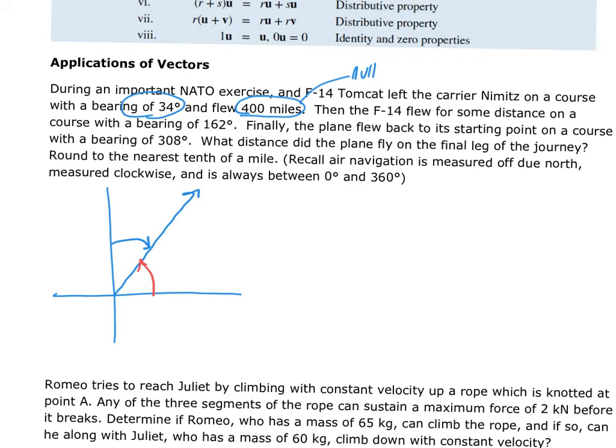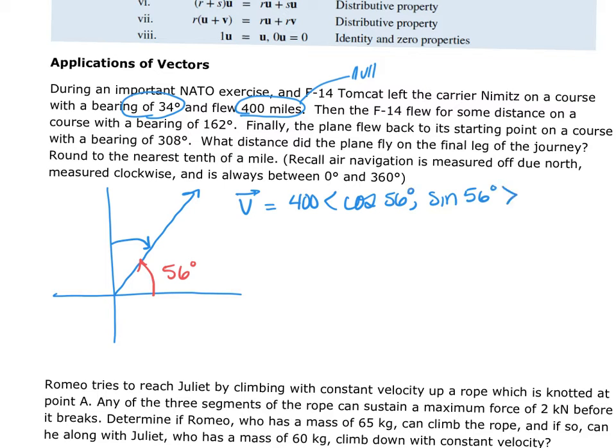So 34 subtracted from 90 gives me 56 degrees. So the actual one I want is 56 degrees. Now, this first vector, my vector V, is going to be equal to my magnitude, 400 miles, multiplied by the cosine of 56 degrees, the sine of 56 degrees.